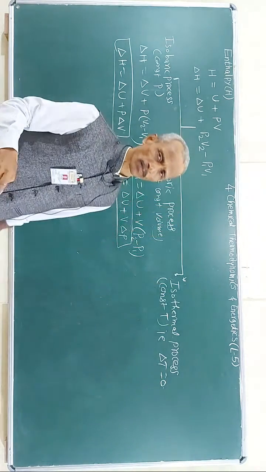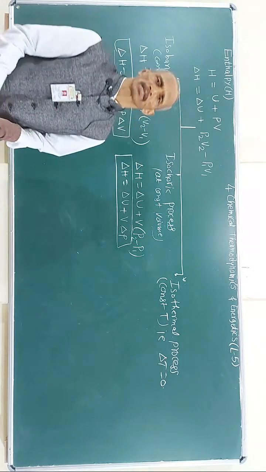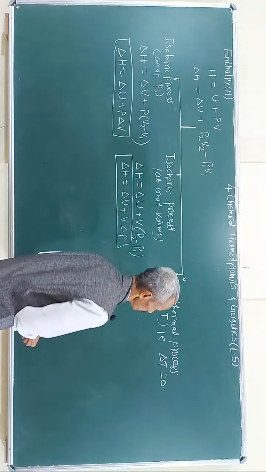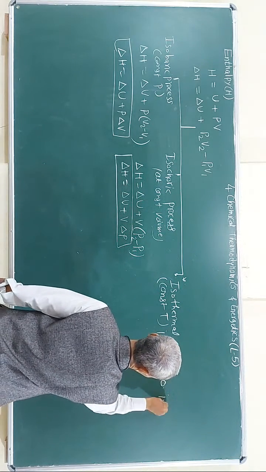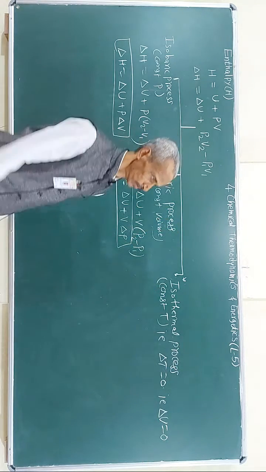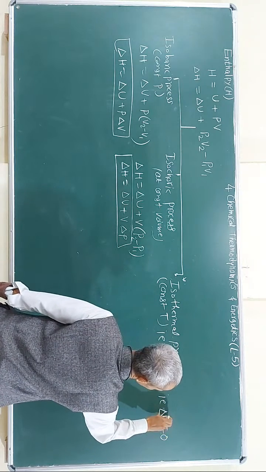And you know, internal energy depends upon the temperature: the higher the temperature, the higher the internal energy. So delta U is equal to 0.